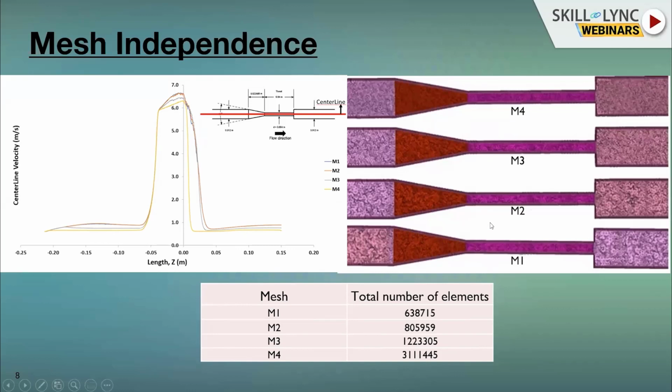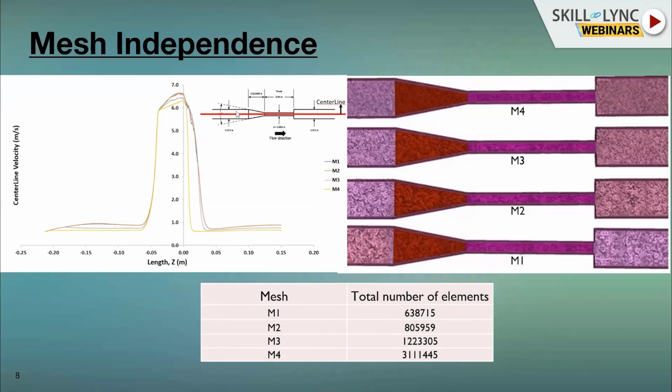The only difference in M1, M2, M3, M4 is the total number of elements in this domain. M1 has got, say, 6.3 lakh elements, M2 8 lakh, M3 1.2 million, and M4 3.1 million. So these four have different elements in increasing order of number of elements.